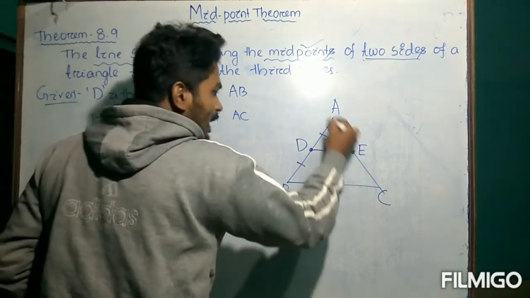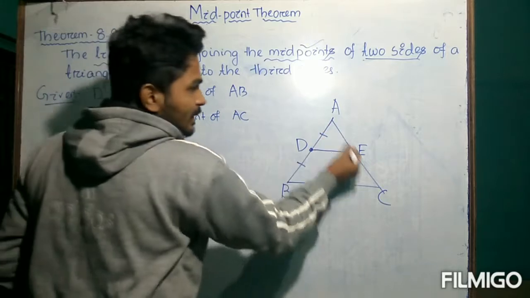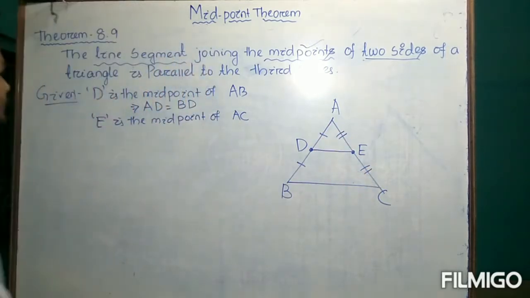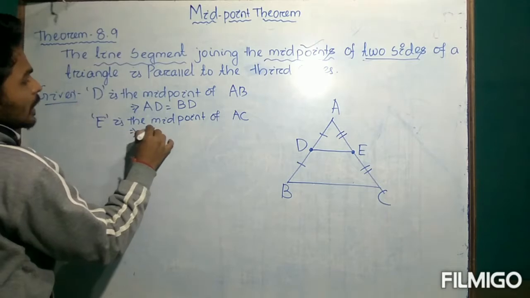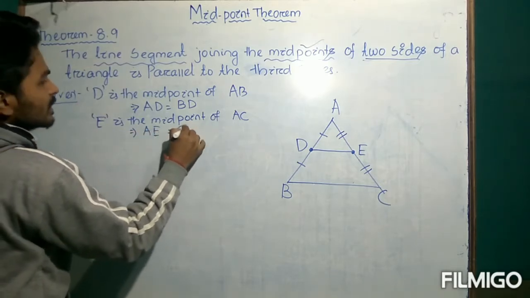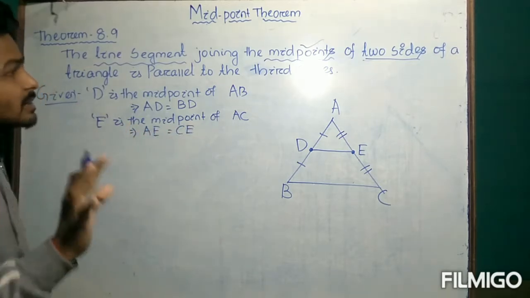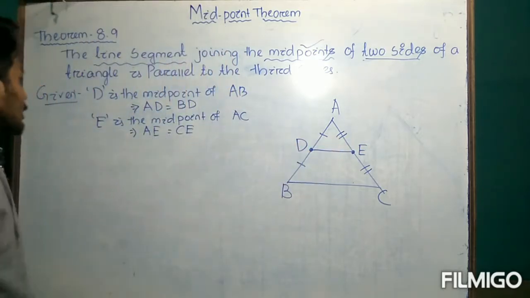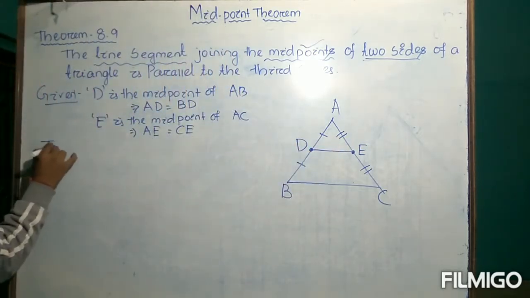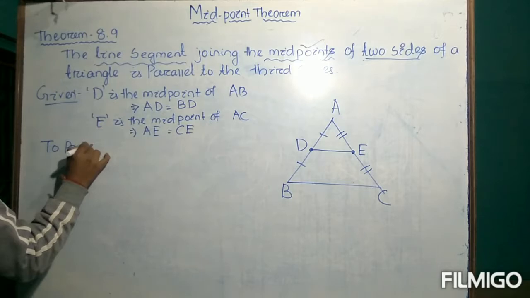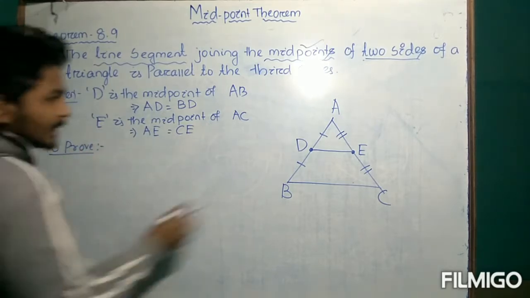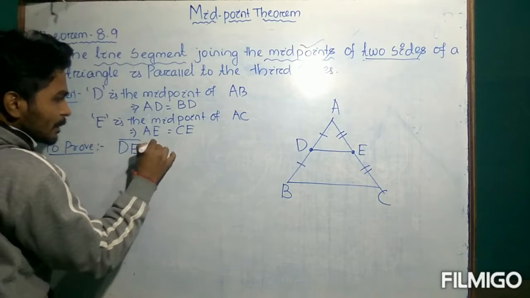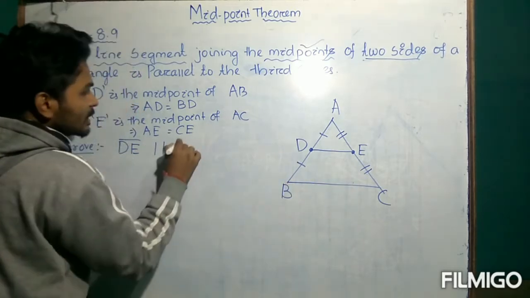So it means E divides this line into two equal halves. AE must be equal to EC. Clear? So AE is equal to EC. These two data are given. Then we join D and E and get a line segment. So what we have to prove? We have to prove that DE must be parallel to BC, the third side BC.